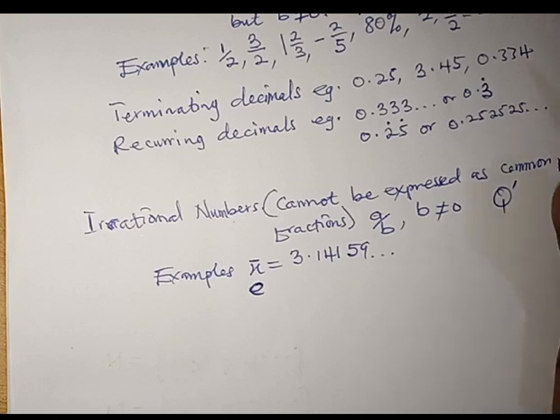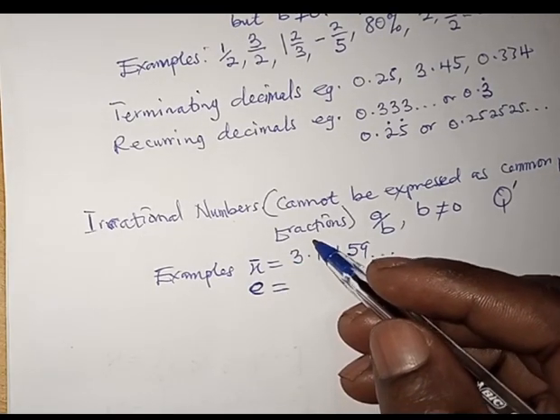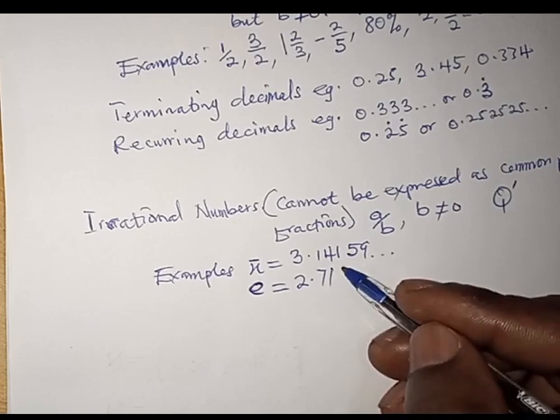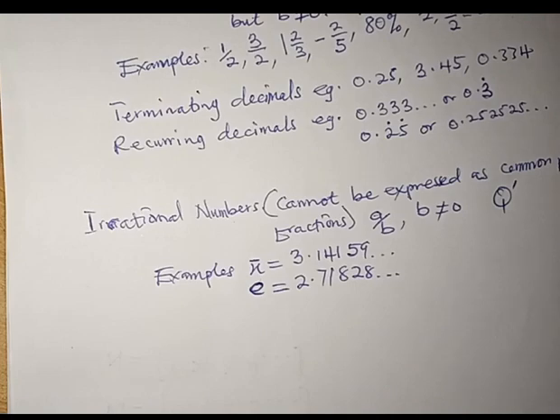Because the name is Euler, that's why we named this letter or symbol as a mathematical constant. We can say this is 2.71828, and that one can also continue. It doesn't end. And these numbers cannot be expressed as common fractions. Okay, all right, great.